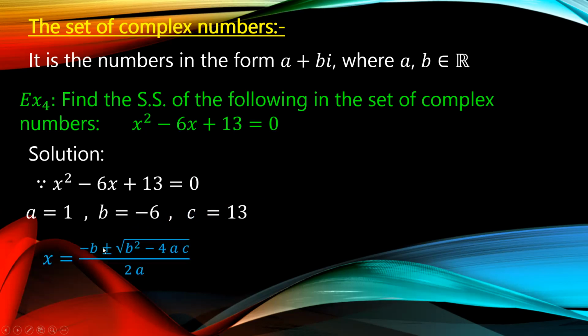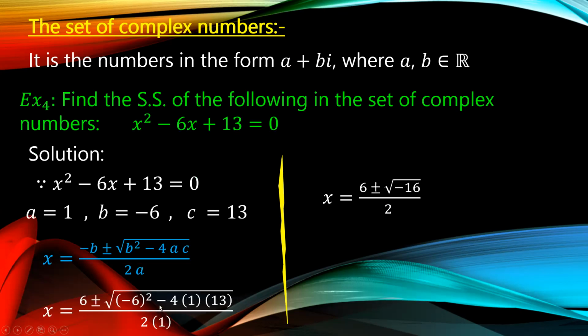General formula: x equals negative b plus or minus the square root of b power 2 minus 4ac, over 2a. By substitution, x equals 6 plus or minus the square root of negative 6 all power 2 minus 4 times 1 times 13, over 2 times 1.